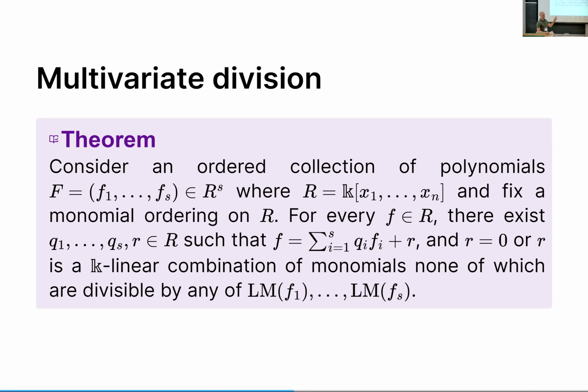It's either 0, or if it's non-zero, then we can write it as a linear combination of monomials, none of which are divisible by the leading monomials of those polynomials over there. This is a little bit formal, but I'm going to show you an example in a moment so that hopefully we feel better about this. In fact, let's do that.